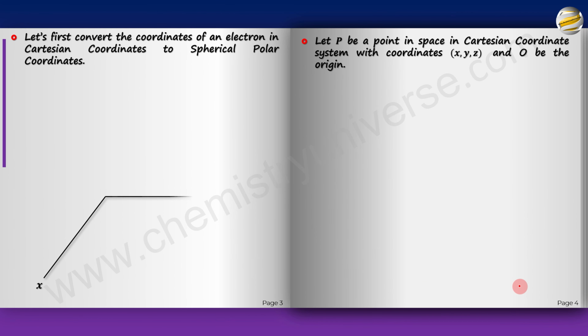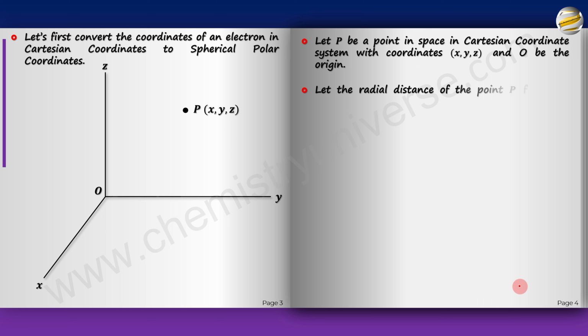So x-axis, y-axis, and z-axis. P is the point x, y, z, and O is the origin. Let the radial distance of the point P from the origin be r. So from this point to this point P, let the distance be r.